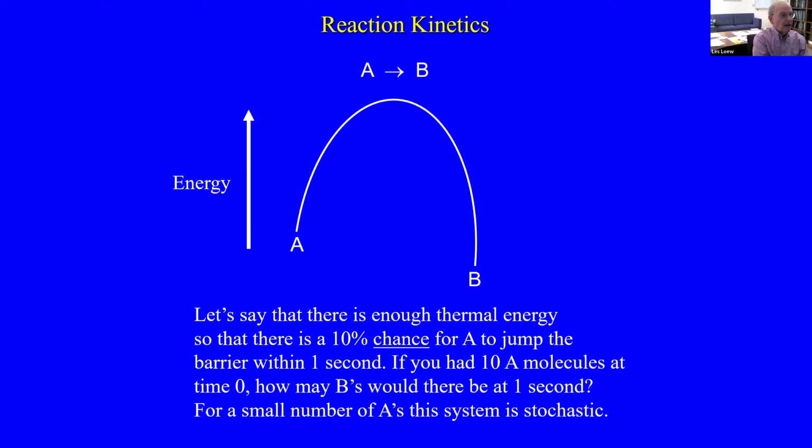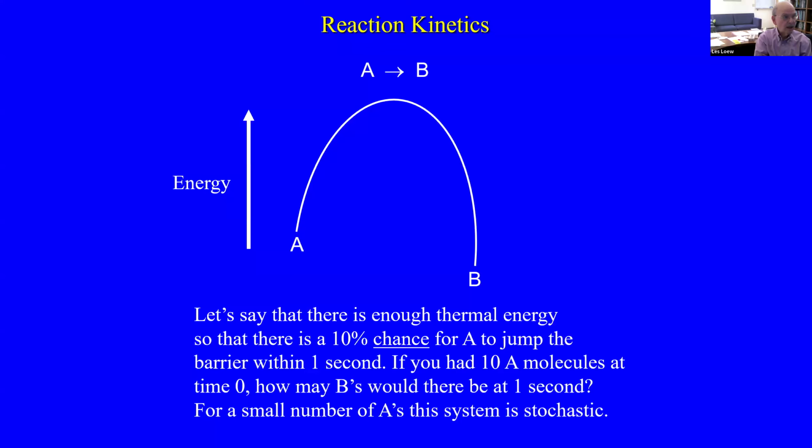Again, hopefully you can resurrect this from your undergraduate days, but you remember that if you have a molecule reaction of A going to B, it usually has to get over an energy barrier.